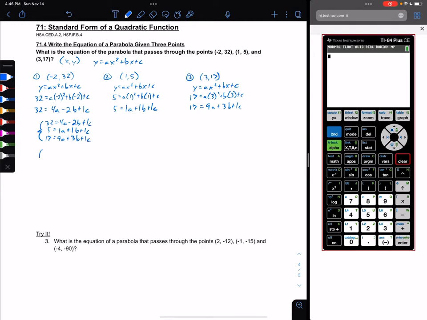I'm going to rewrite this system with the variables on the left and the constant on the right. At some point, you might see where we're going with this and realize that if we have a system of equations, we can use a matrix to solve for my unknowns, my variables.